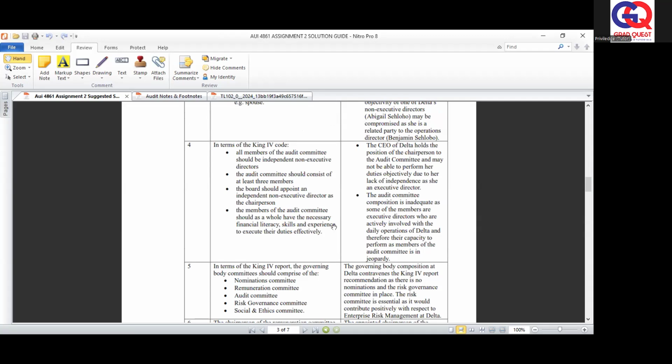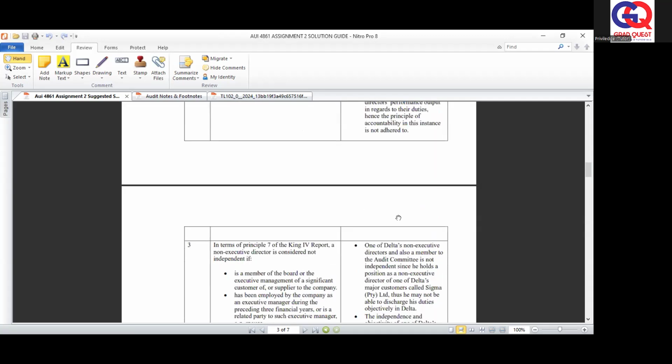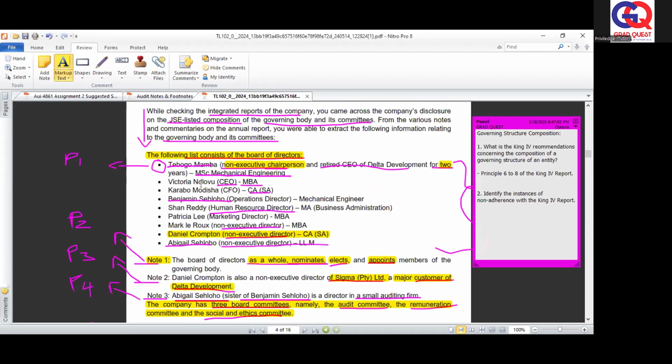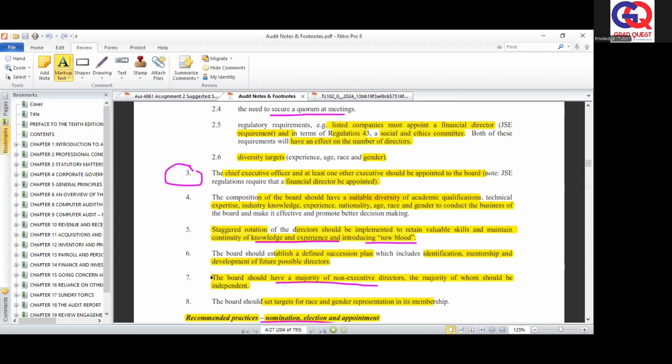But other pointers you could have pointed out, coming back to our question, which is quite evident here, is the mixture in terms of the number of executive directors versus the number of non-executive directors. So that's a non-adherence to the King 4 report, which is specifically a violation of the principle I've already pointed out, principle 7, paragraph 7 of principle 7.